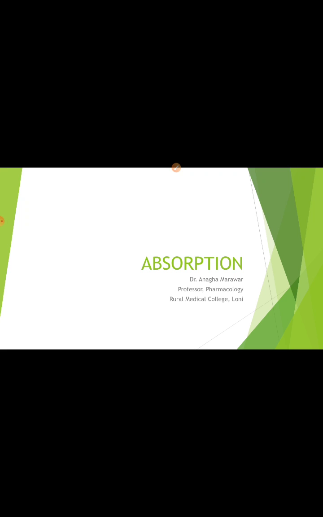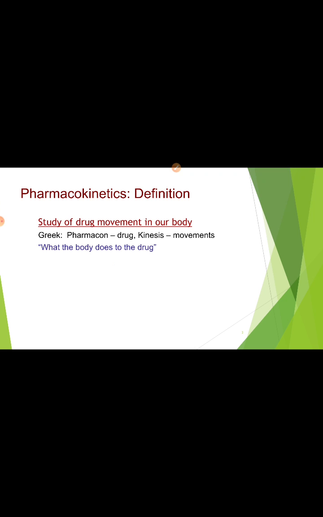Now as you must have finished with your route of administration of general pharmacology, the second part of general pharmacology deals with pharmacokinetics. Now what is pharmacokinetics? The definition of pharmacokinetics is the study of drug movement in our body.